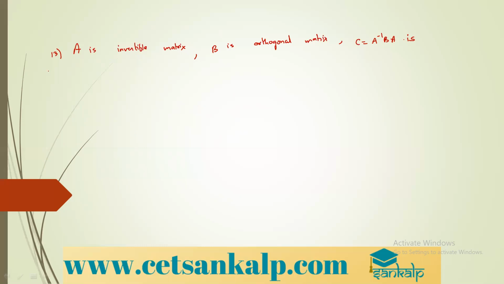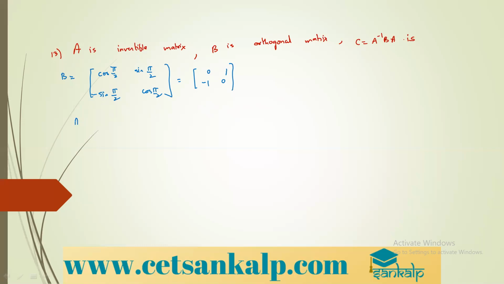So for example, we can prove this with an example. Let me take a matrix B which has to be orthogonal. So to be orthogonal, I will take the matrix as cos pi over 2, sin pi over 2, minus sin pi over 2, and cos pi over 2. When you put the values, it is 0, 1, minus 1, 0.